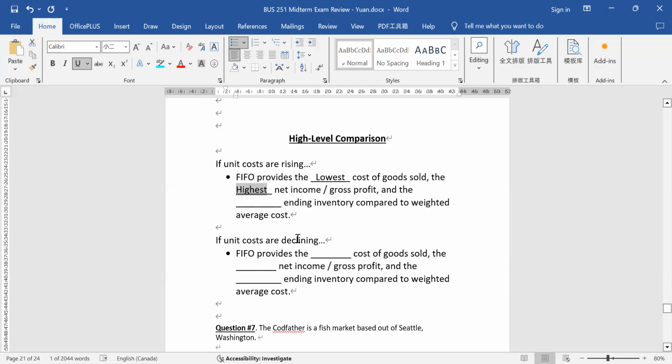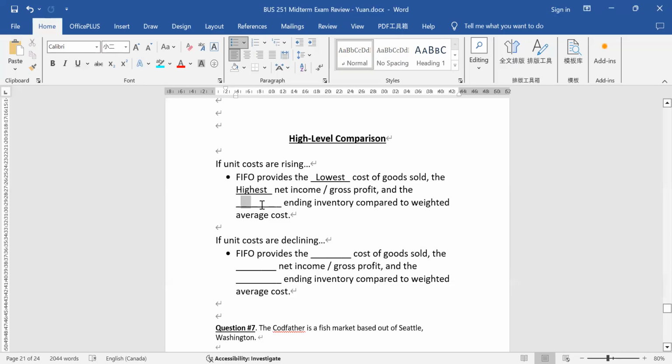And since FIFO provides the highest net income and gross profit, and since FIFO provides the lowest cost of goods sold, and the cost is still rising, it will consume the cheapest inventory, and the more expensive inventory will be left and remain.